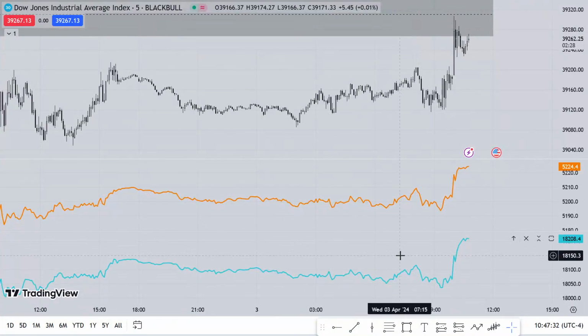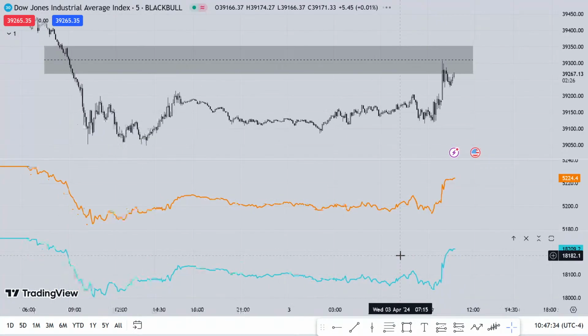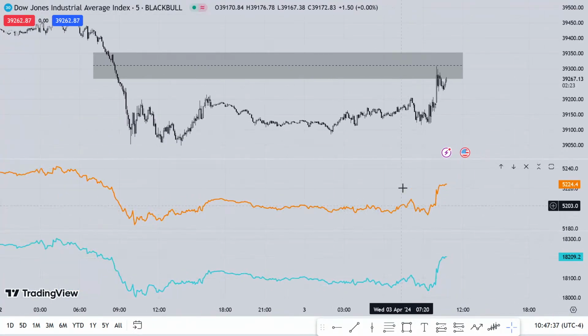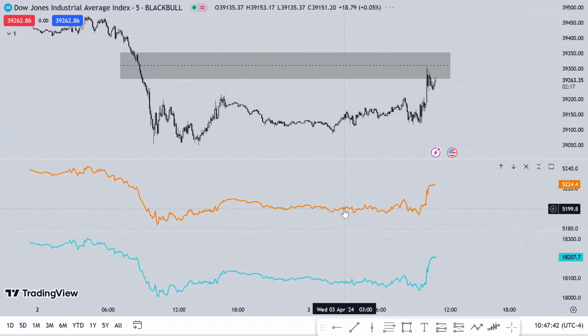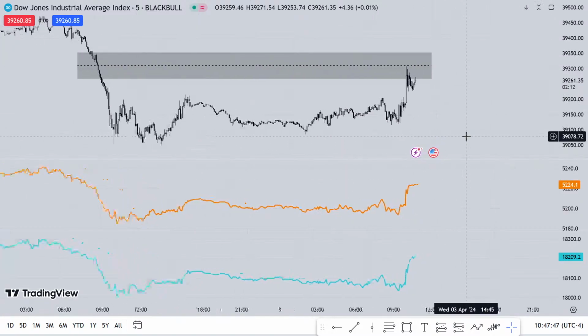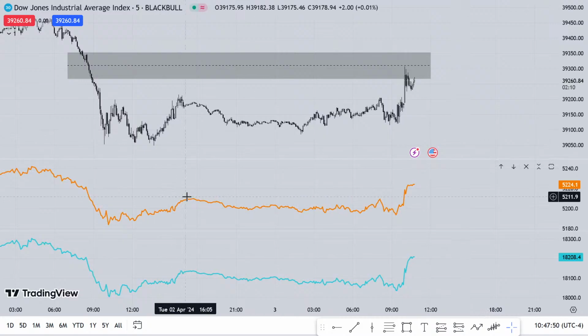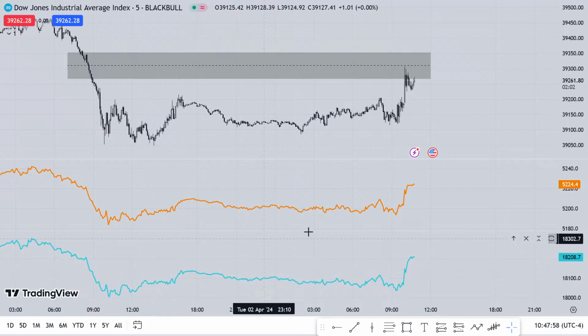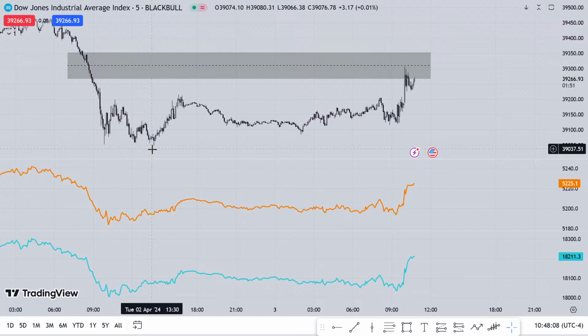So we're currently looking at the relationship between the three indices. The Dow is always slower. Slower to move but faster to execute.